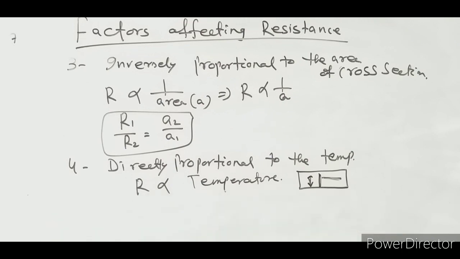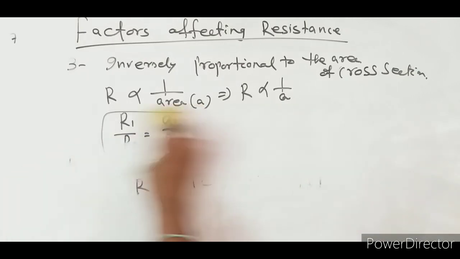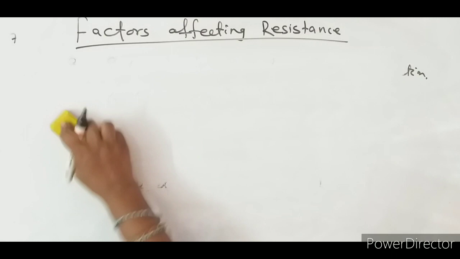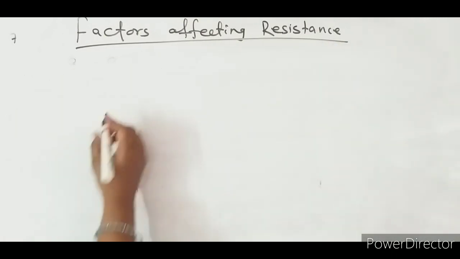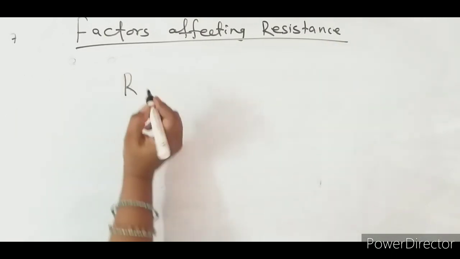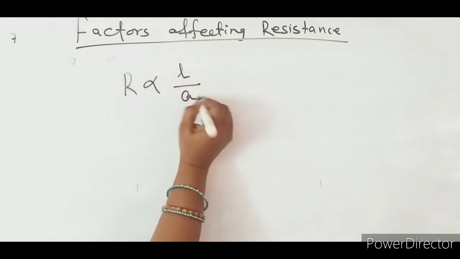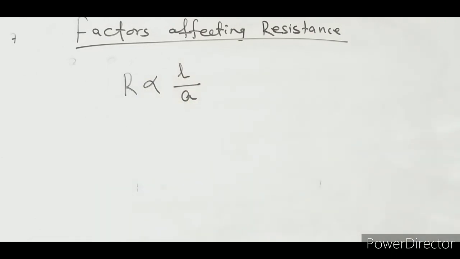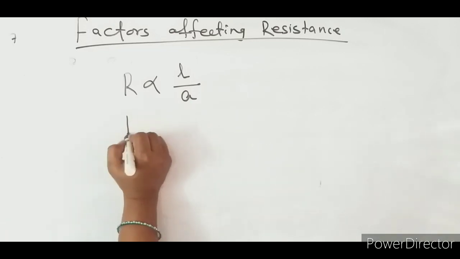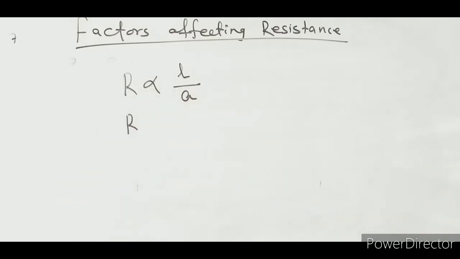Okay, so we will combine all this and we will go for a formula for it. So here R is directly proportional to L, inversely proportional to A. Okay, so what we can write? This directly proportional symbol we cannot keep for a long time, so we have to remove this one.